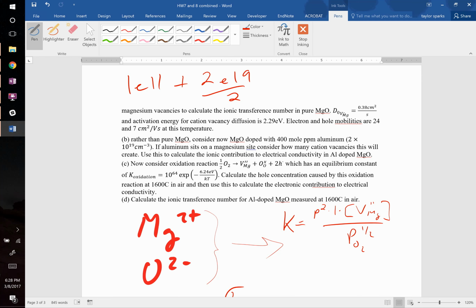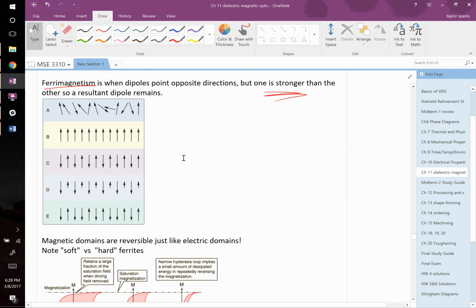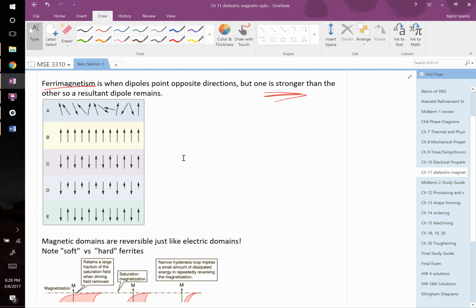A ferromagnet just has them in one direction. Okay, so ferro is all pointing in the same direction. Ferri is some pointing up, some pointing down, and then anti-ferromagnetism is they cancel each other out. Yeah, ferromagnet, they're all pointing the same way. Anti-ferromagnet, they perfectly cancel out. Ferrimagnets are when you add up positive and negatives, but there's something left over.